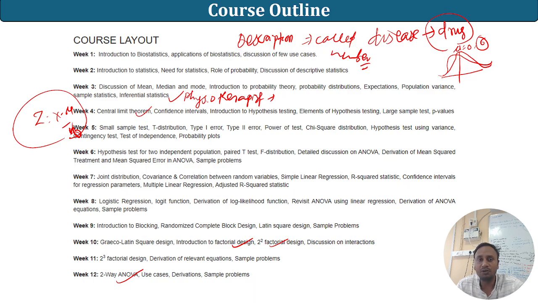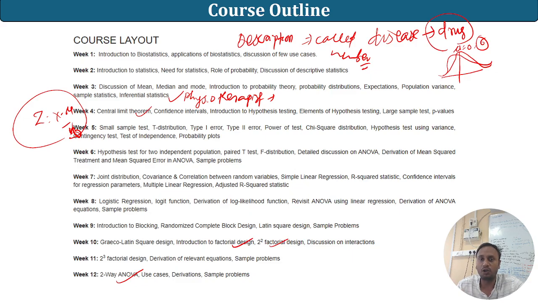So we'll keep the hypothesis: the first fertilizer in the first soil, that much change will come, or that much difference will come. So we're going to make some hypothesis or objective of the study.